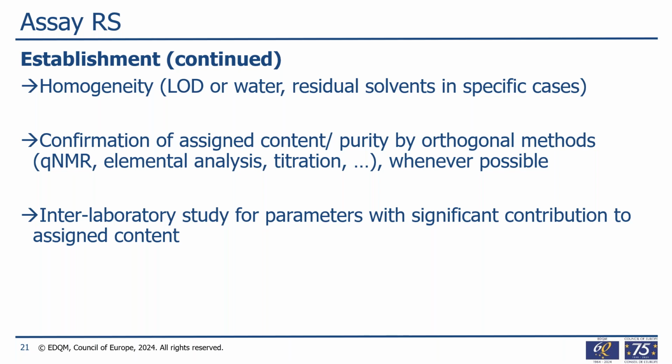We confirm the assigned content or purity of the material by orthogonal methods, usually quantitative NMR or elemental analysis, but this could also be a titration or an LC assay against the previous CRS, whenever this is possible. And for parameters with a significant contribution to the assigned content, we organize an interlaboratory study.